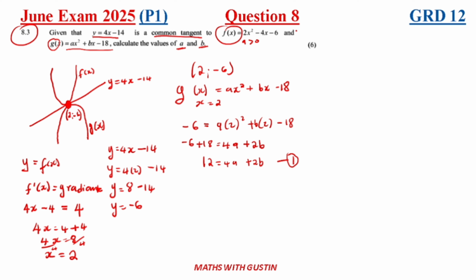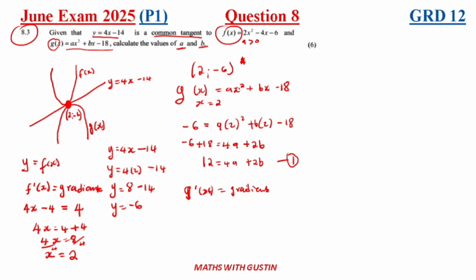However, because we know that at this point we also have the derivative at the same point, we can now find the derivative of g of x, which will be equal to the gradient of the tangent. In this case, the gradient of the tangent is equal to 4.